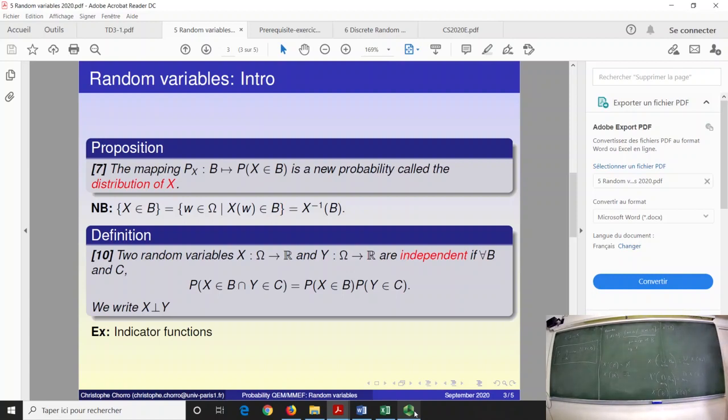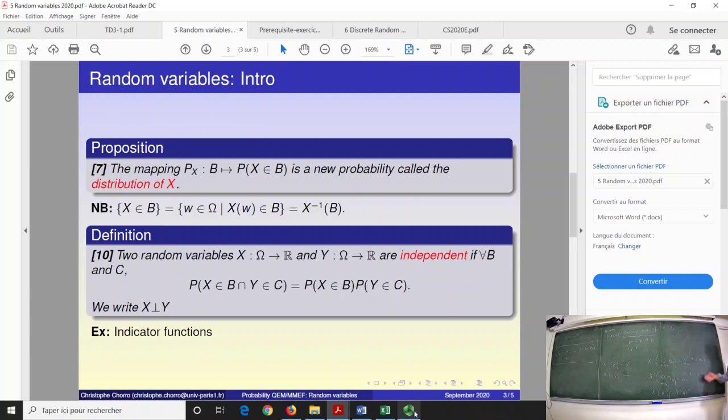So be careful because it is true. These formulas are true because we deal with the preimage, with this definition. You know that when you have a mapping, you can also define the image of a set by a mapping. For the image of a set, you don't have such nice properties. It works for the preimage.